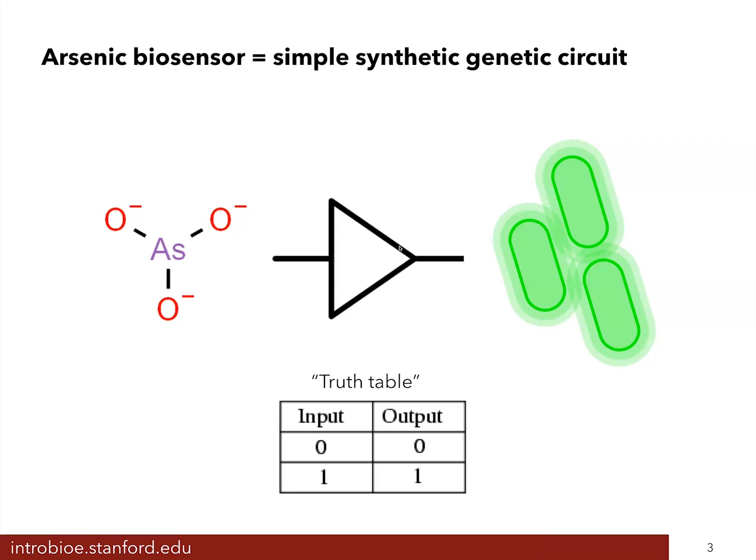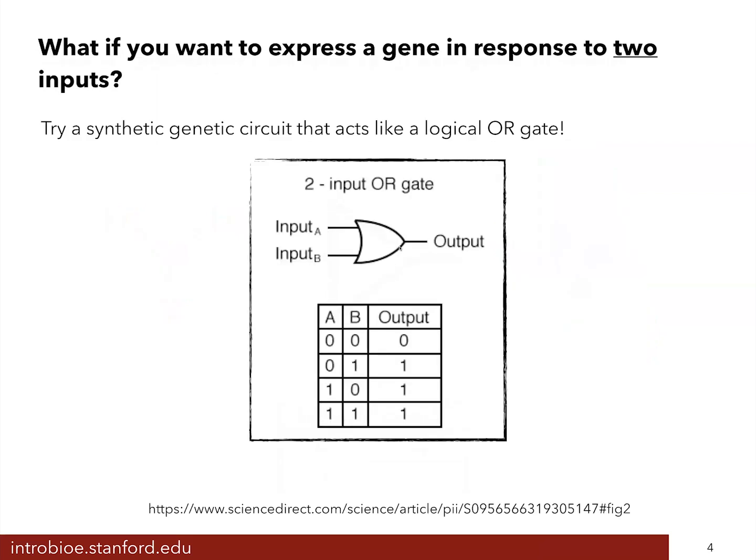Now, what if you want to make a slightly more complicated biosensor that responds to arsenic and lead in the water? Let's say you want it to produce green fluorescent protein in response to either of those two contaminants. Well, you could use a slightly more complicated synthetic genetic circuit to achieve this goal. The type of synthetic genetic circuit I would recommend using for this is called a logical OR gate. OR gates, again, respond to 2 inputs.